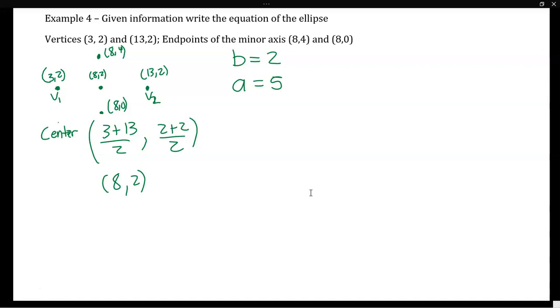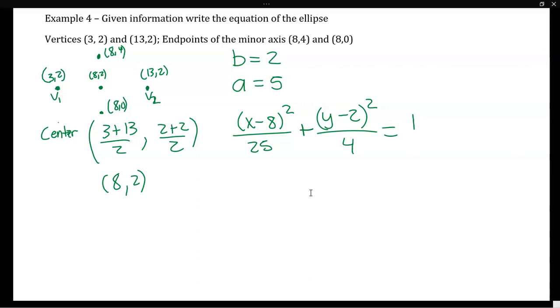So the equation for this ellipse is going to be (x - 8) squared divided by 25 plus (y - 2) squared divided by b squared, which is 4, and that equals 1.